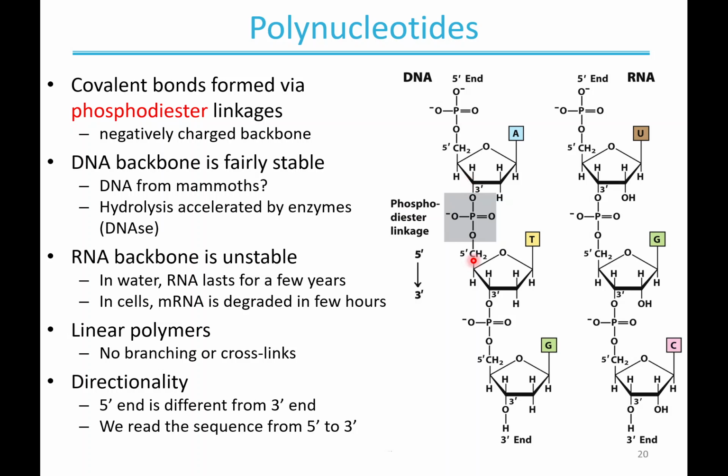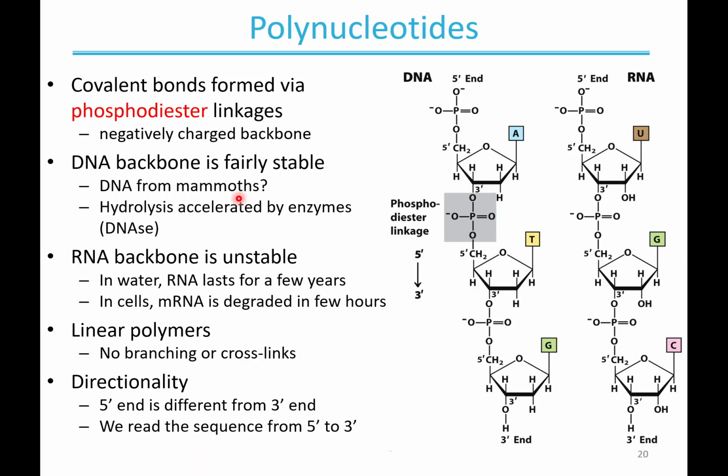This phosphodiester bond is actually pretty stable, and that's one of the reasons why they think RNA evolved into DNA, because missing this OH group here at the 2 prime position of ribose really makes this phosphodiester bond pretty stable.